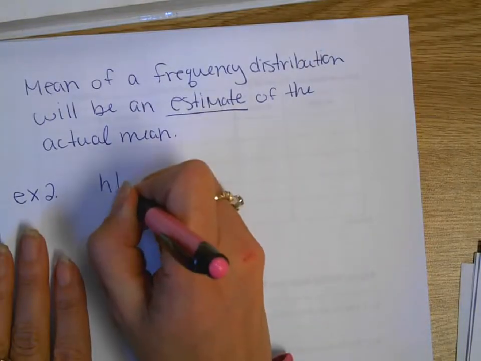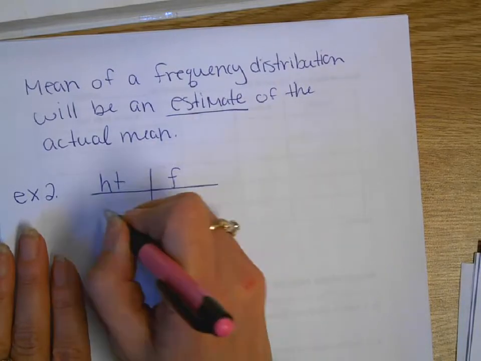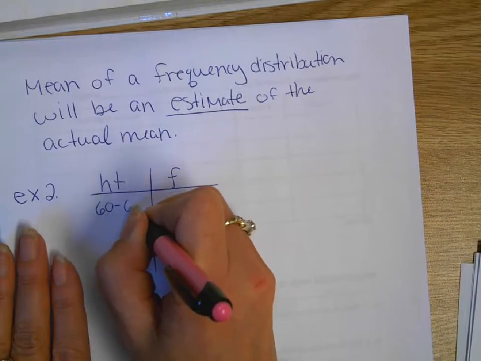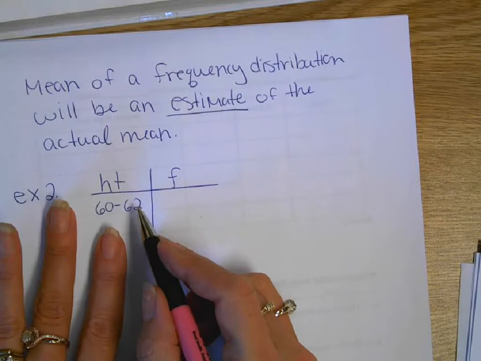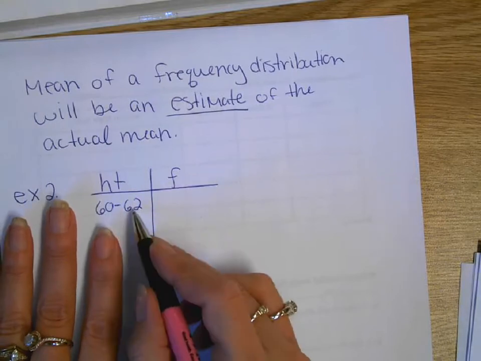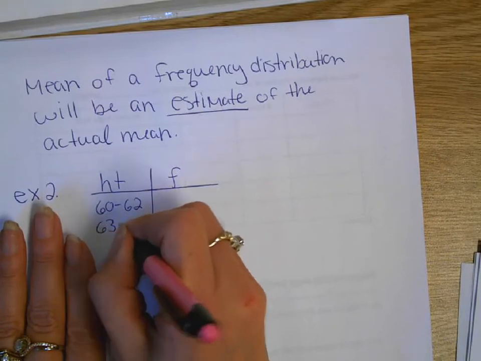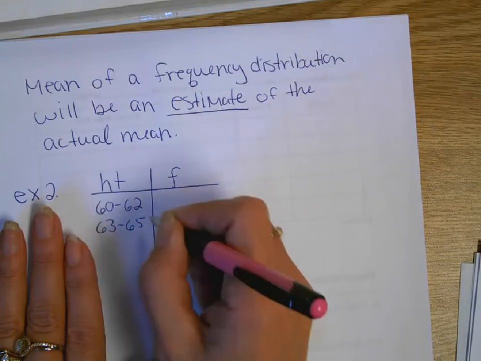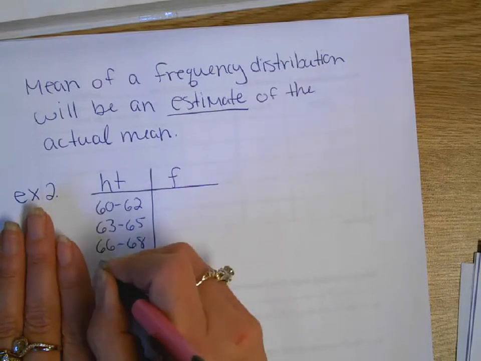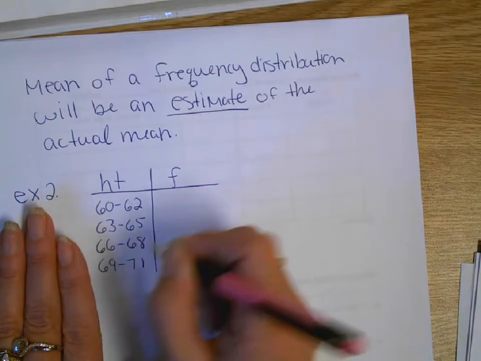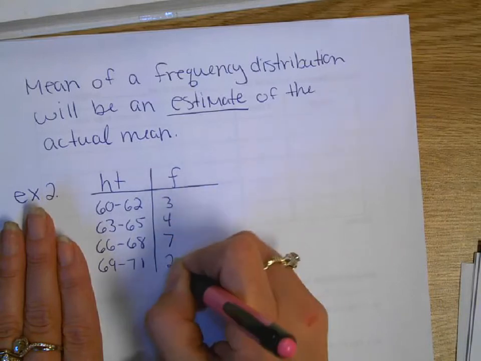So the height and the frequency, so we had 60 to 62, that's a class width of 3, remember, just to refresh your memory. 63 to 65, 66 to 68, and 69 to 71, and it's 3, 4, 7, and 2.